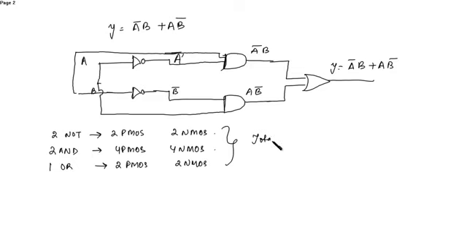If you make a total of it, then the total PMOS needed is 8 and the total NMOS needed is also 8. So we have to find a way in order to reduce the number of PMOS and NMOS.